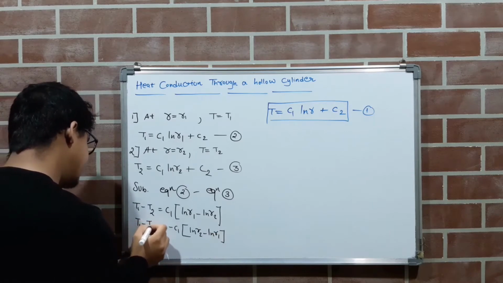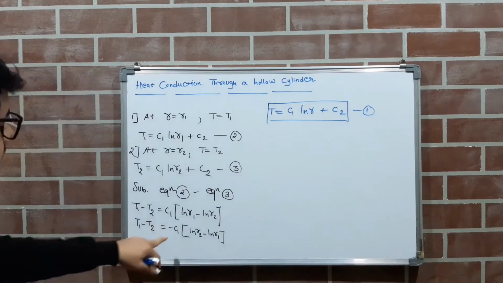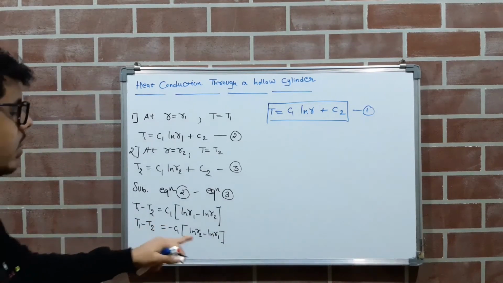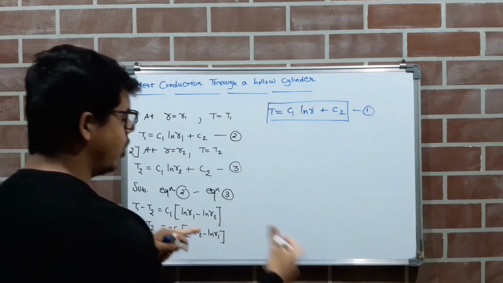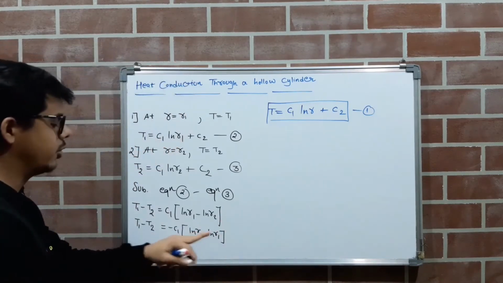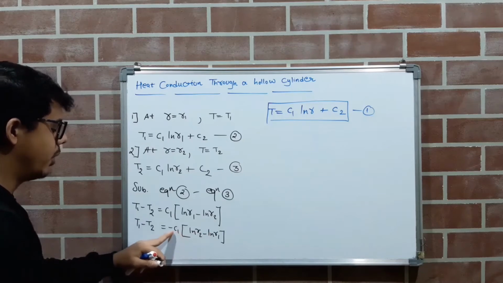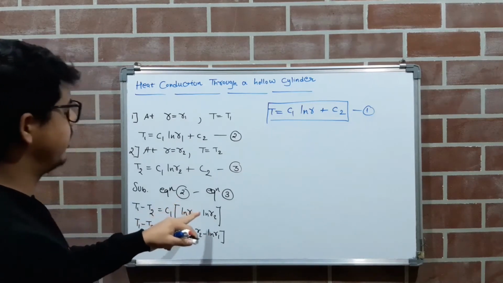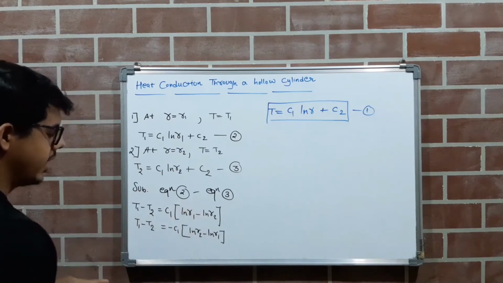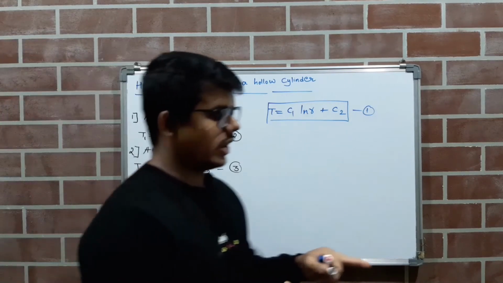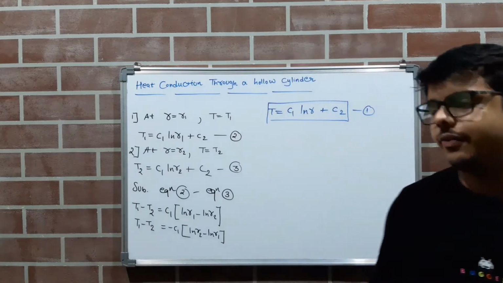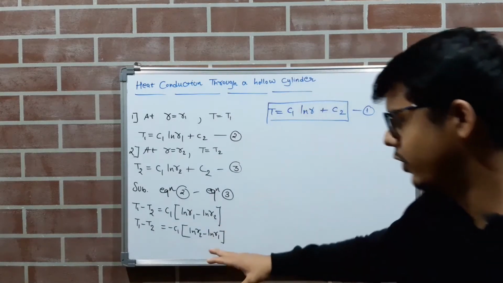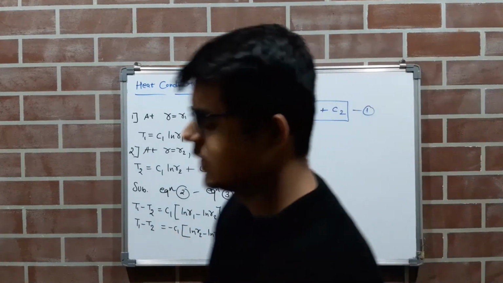So T1 minus T2. Now you will wonder why I took the minus outside. This is only for the form which we want. At last we want ln of r2 by r1, so that's why I brought this minus sign out. If you put ln r1 minus ln r2, that is also correct. But as we have to obtain the form given in the textbook, we bring the minus sign outside of this bracket.